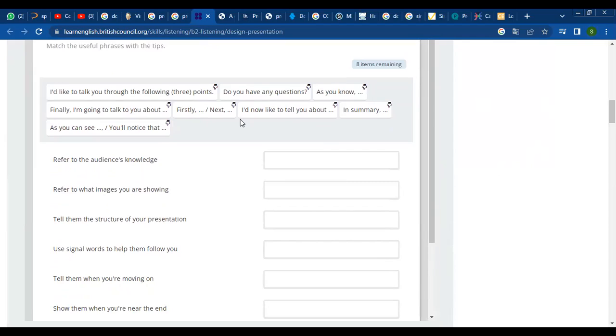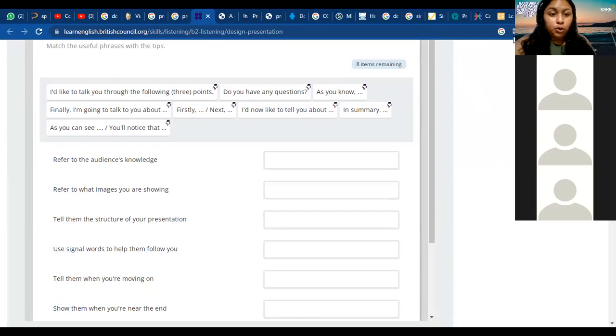So for example, in order to refer to the audience's knowledge, to refer to the fact that the audience already knows what I'm talking about, what phrase can I use? Can you tell me? From the options here with the hands looking downwards.